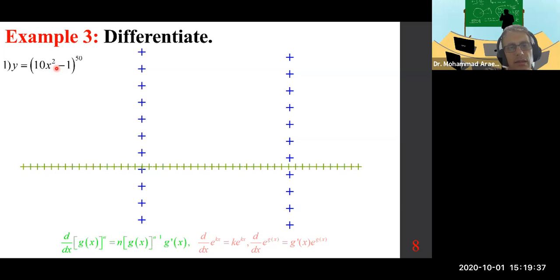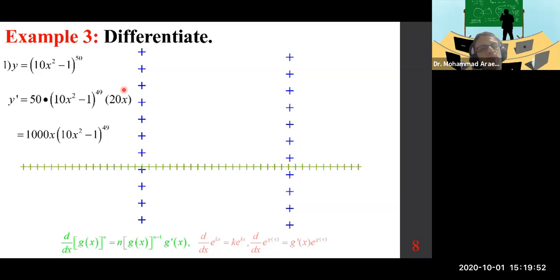And then last step, you need the derivative of inside. The derivative of the parentheses is 20x. You're done with calculus. You put the 50 and 20x together, we get 1000x. It's extremely simple, class. If you just pay attention to the steps, it works out easily, I promise you.